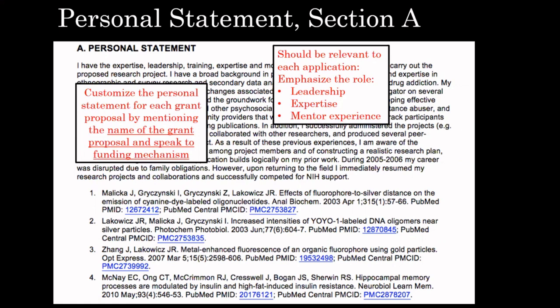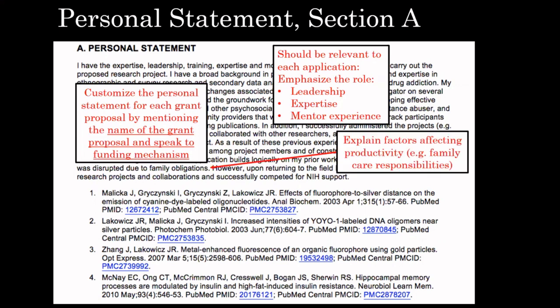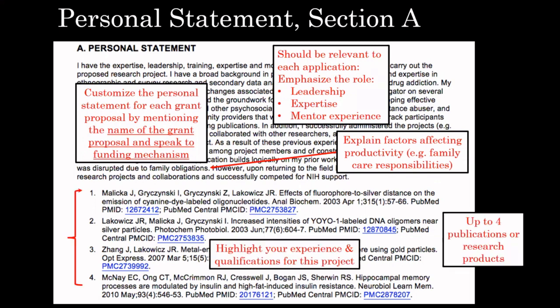If this is a fellowship being submitted and they're going to be a mentor, why do they have experience to be a mentor for this fellow that's applying? And explain any factors affecting productivity. Again, they can use up to 4 publications to highlight their experience. And please note that they cannot exceed 4 publications, so 4 is the max.